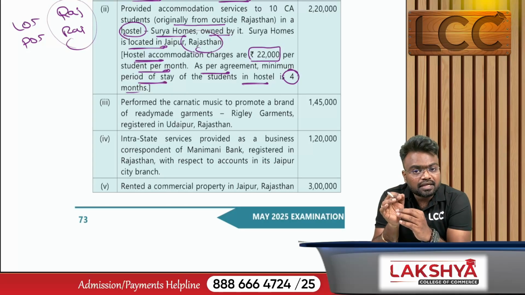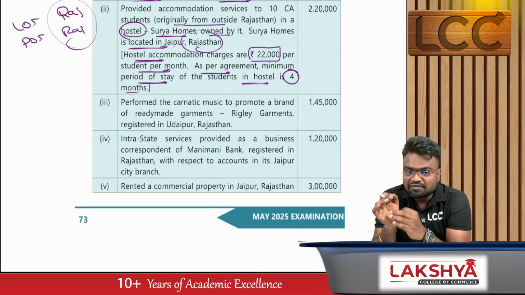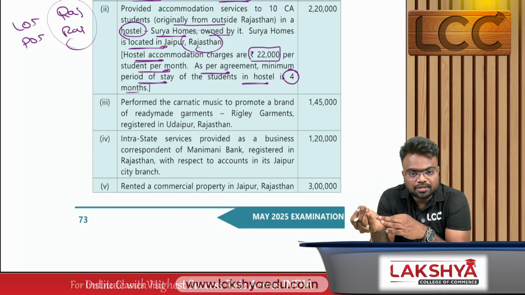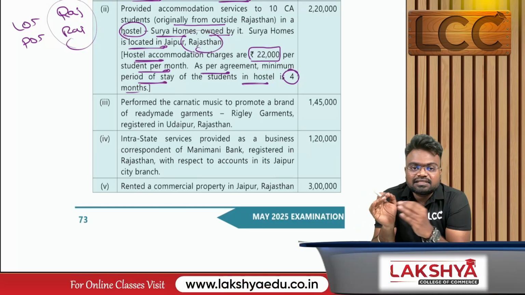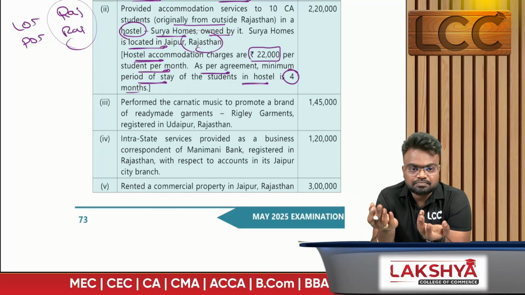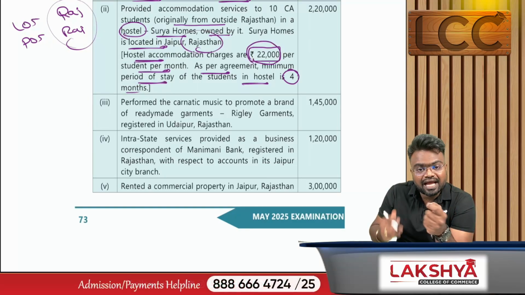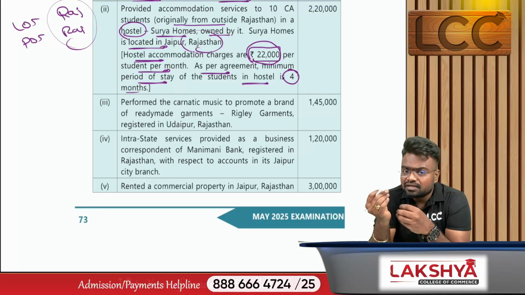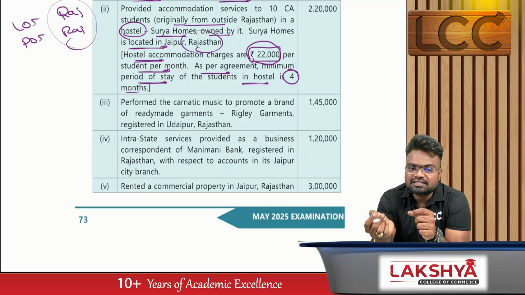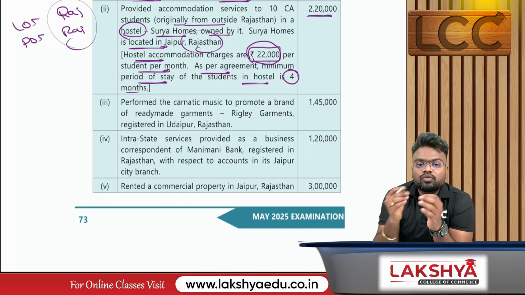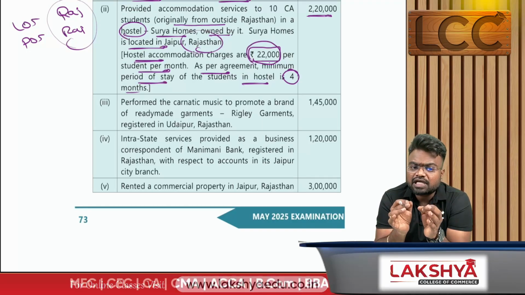This is related to exemption. If at all hostel charges are less than 20,000, in that case GST is exempted. But here, the value is more than 20,000 and the agreement period is more than 3 months. Hence, in that case, GST will be levied. What is the amount? On 2.2 lakhs, we need to charge GST.